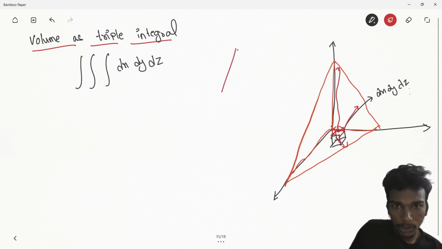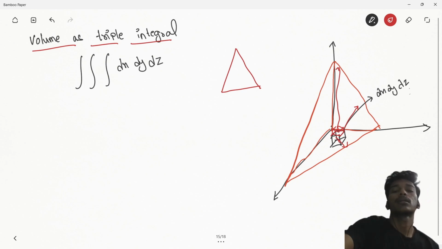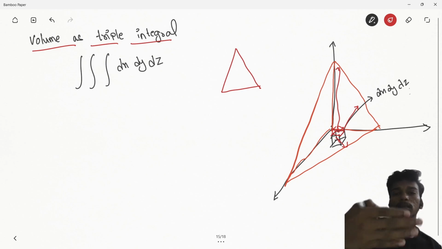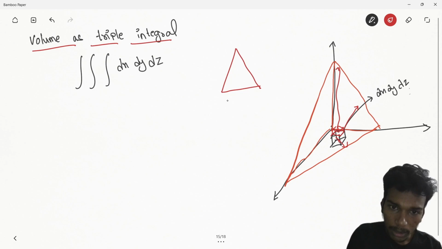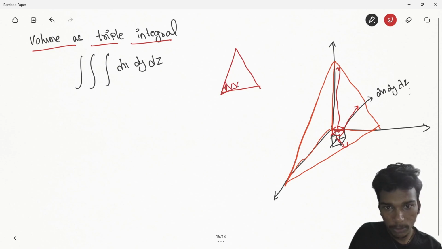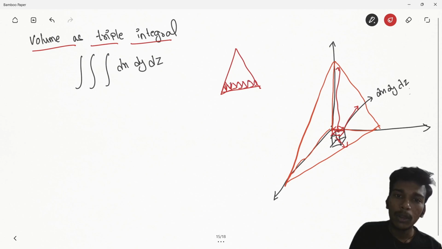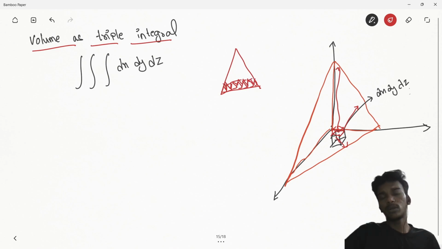I have just assumed that, and the other axis is up to your face. Just consider small regions like this, and I'm going to add up small regions, and pile up all the things between the limits. We have limits, right?